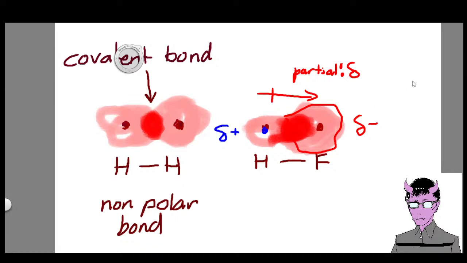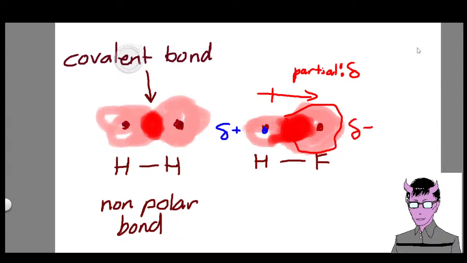There's going to be an electronegativity table of values for a periodic table, but we're not going to fuss over that because that's more than what we need for right now. So just focus on the partial positive aspect of this hydrogen because it's slightly more naked than what it was before, because this fluorine is just so darn greedy.